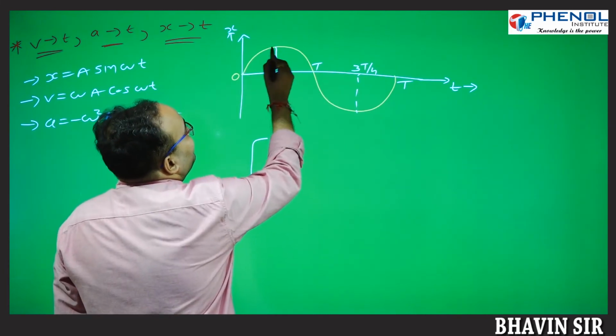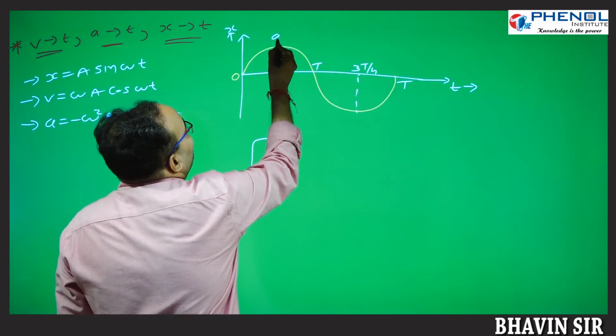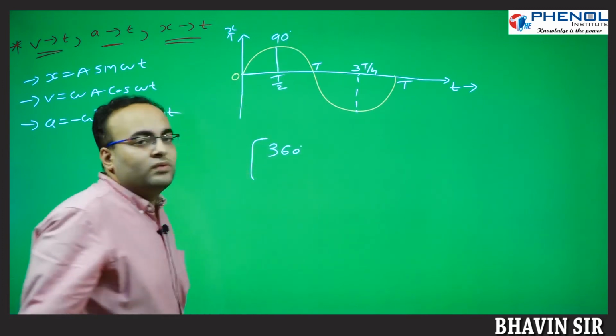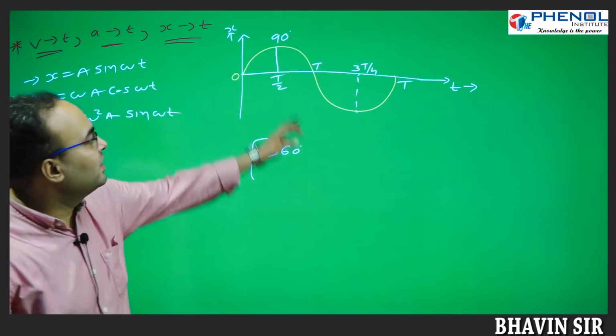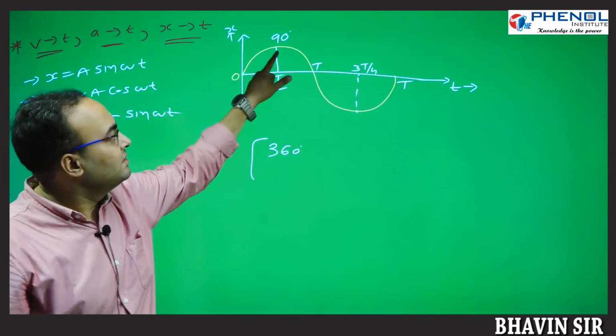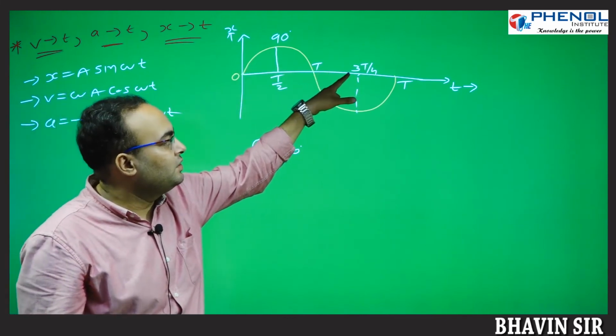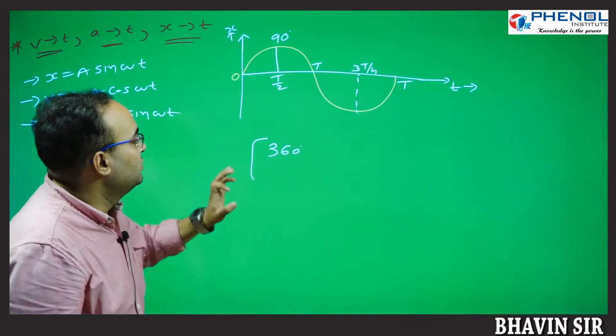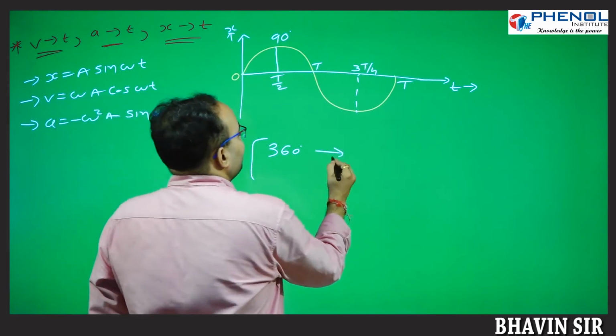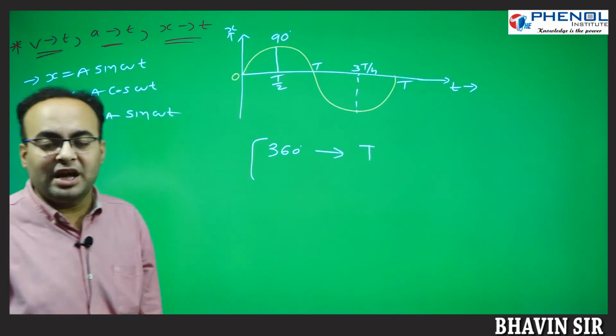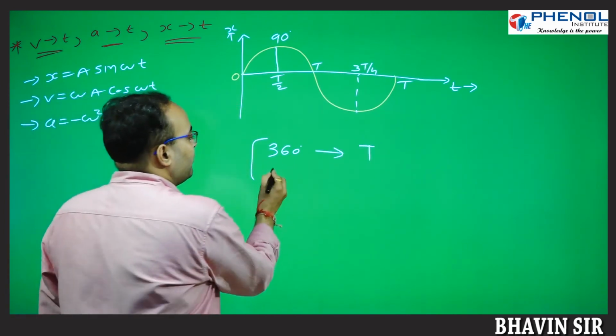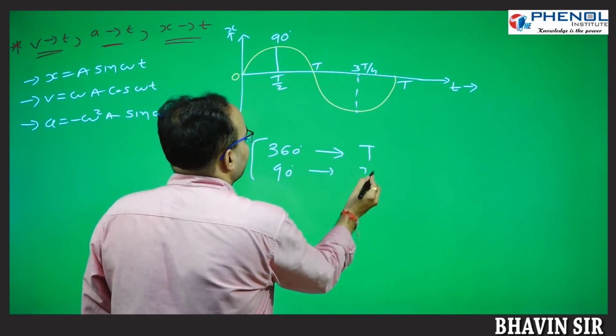Sine is maximum, 1, at 90 degrees. So the angles are 90, 180, 270 and 360. For 360 degrees, the required time is the time period T. For 90 degrees, what is the time?